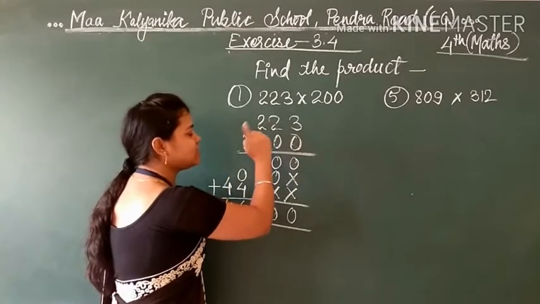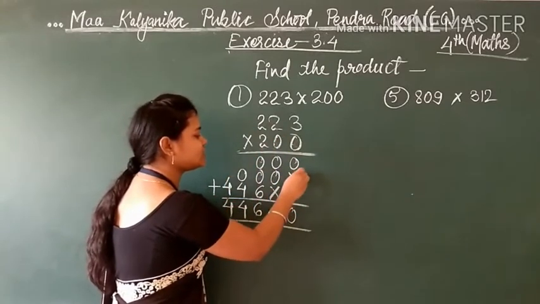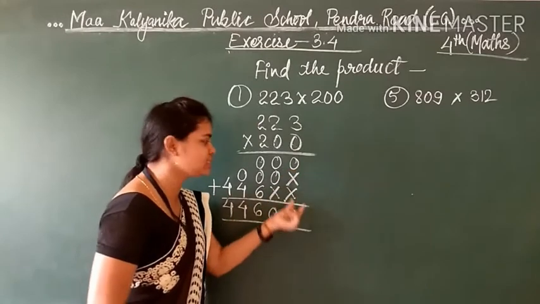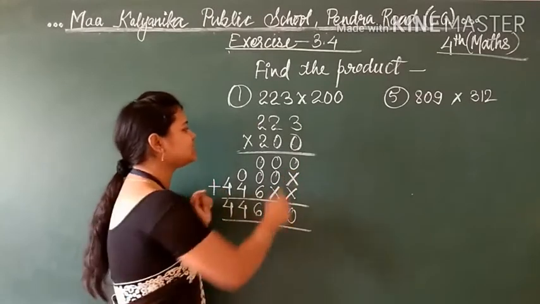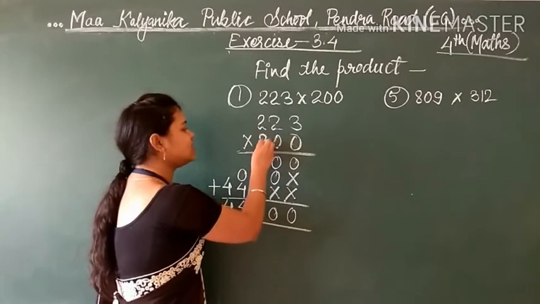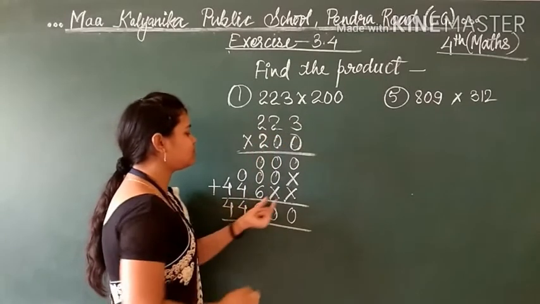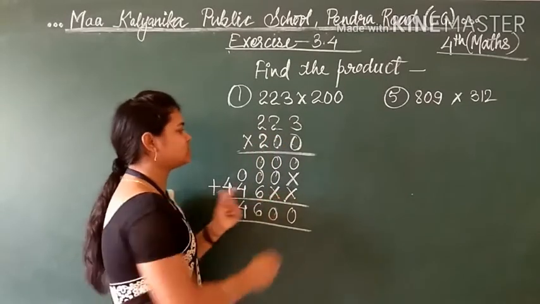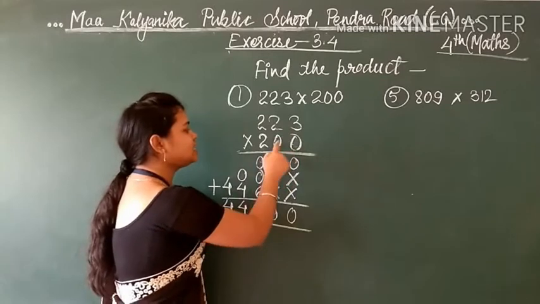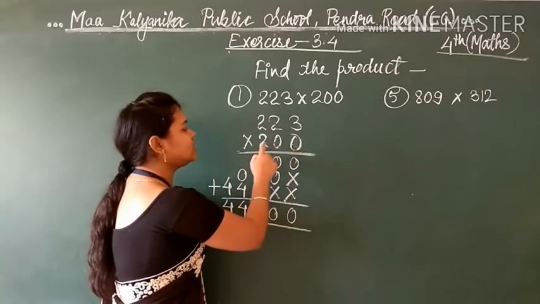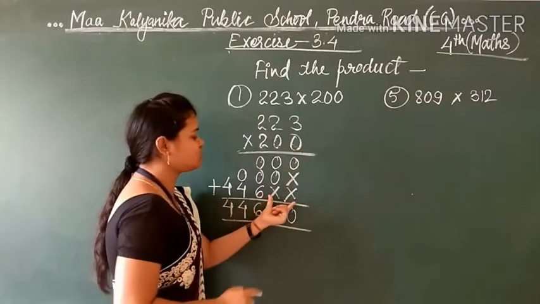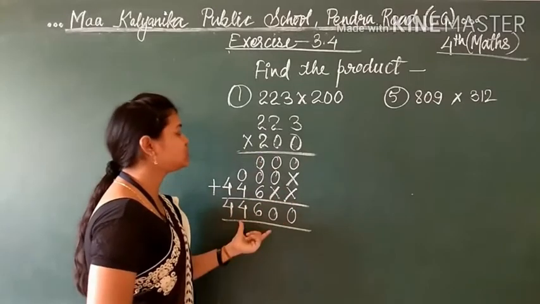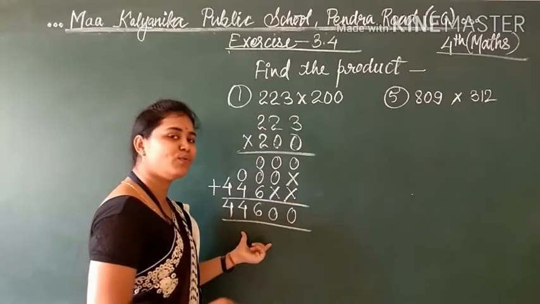Then the second digit is multiplied by these 3, so you have to leave one place. Then when you multiply the third digit with all these 3 numbers, you will leave 2 places. So in this way you can solve question number 1.